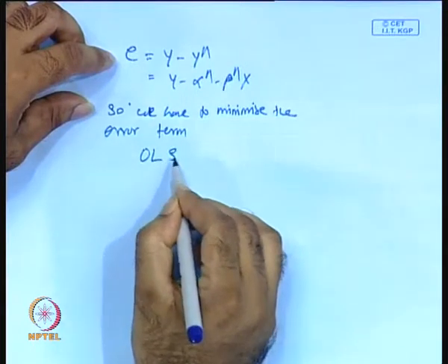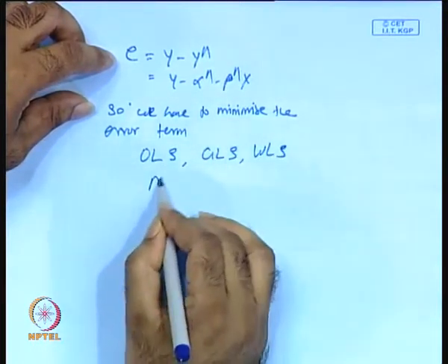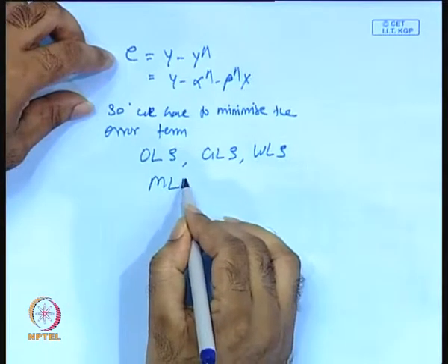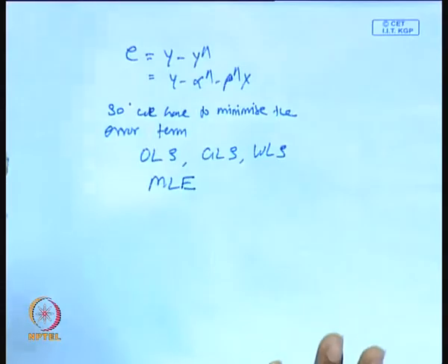So, how do we go for that? There are several methods through which we can minimize the errors, like the ordinary least squares method, generalized least squares method, weighted least squares method, maximum likelihood estimators, and so on. Many methods are there where we can minimize the error sum.